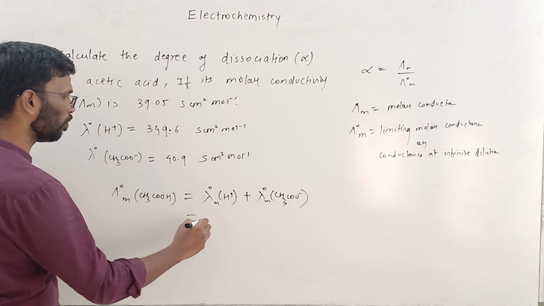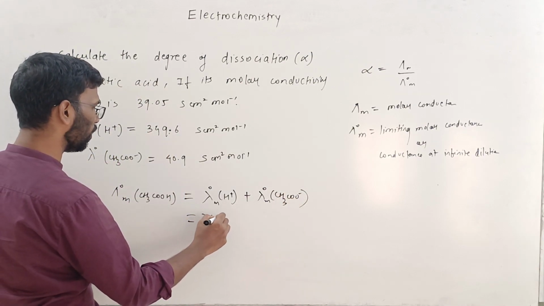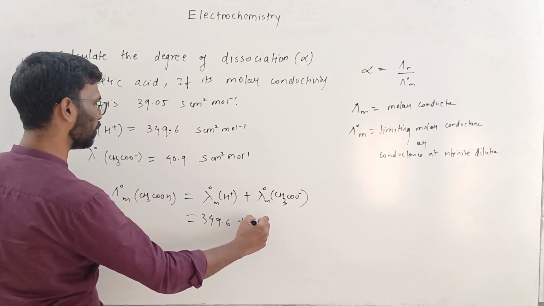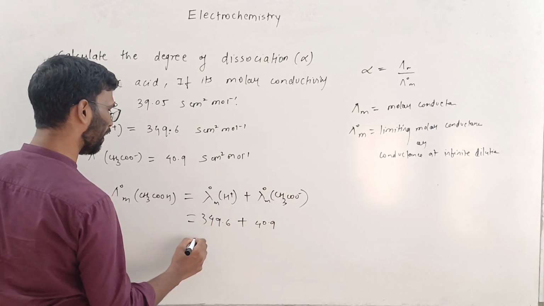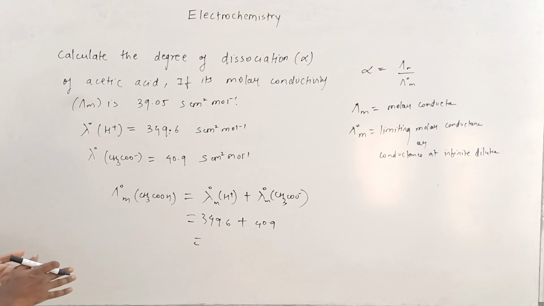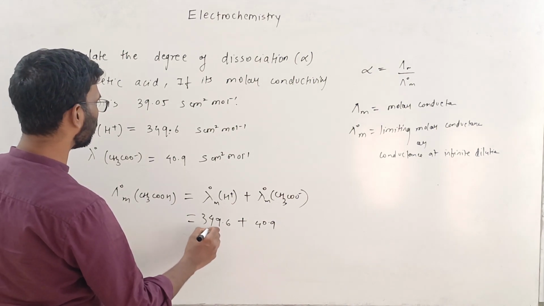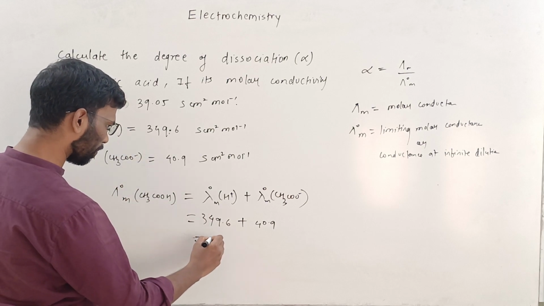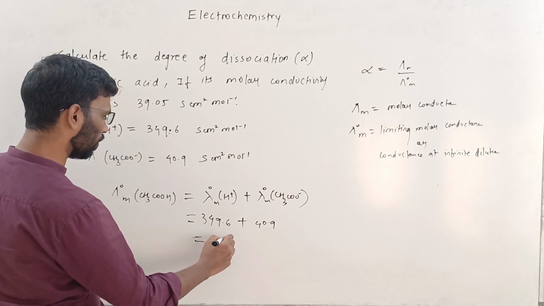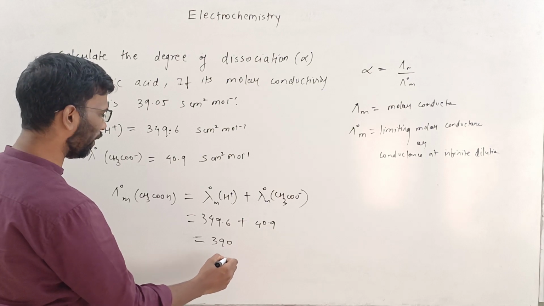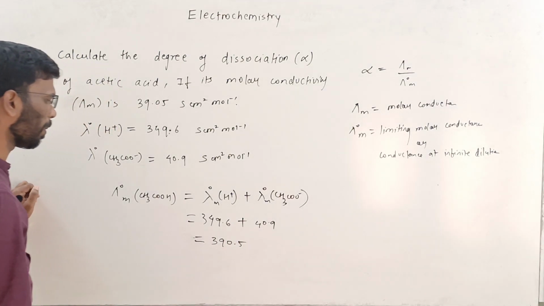That is 349.6 plus 40.9, which comes to 390.5.